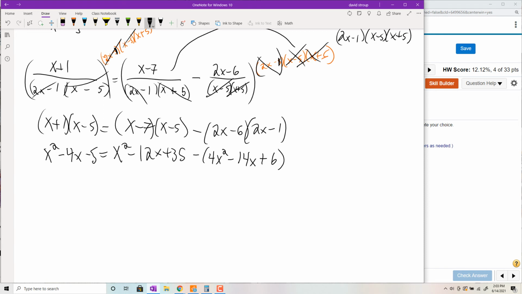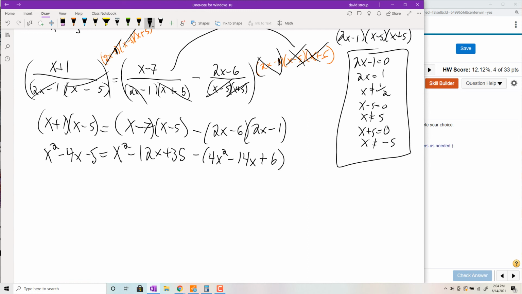Well, I forgot my restricted values too, so let me really quick. So 1/2, 5, and negative 5 are restrictions. Okay, box that off. What do we got? x squared minus 4x minus 5 equals x squared minus 12x plus 35. Now I can finally distribute. Minus 4x squared plus 14x minus 6.